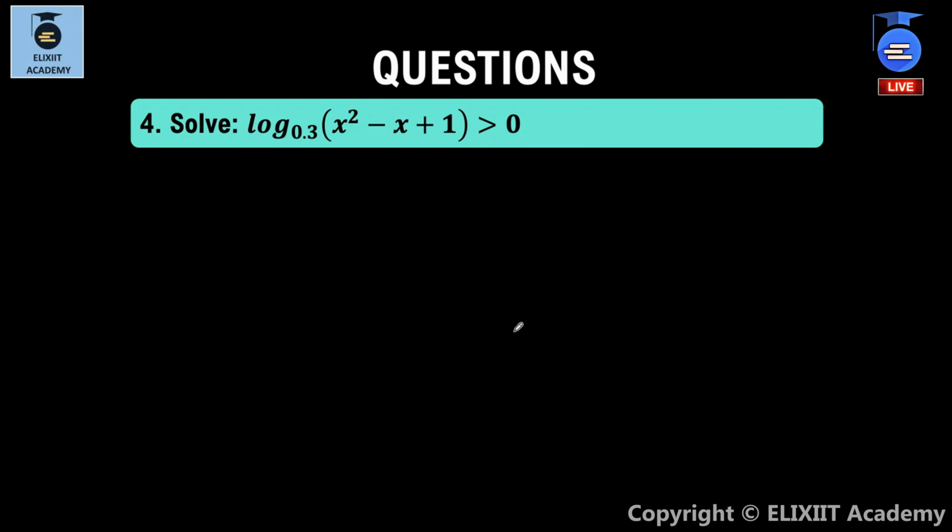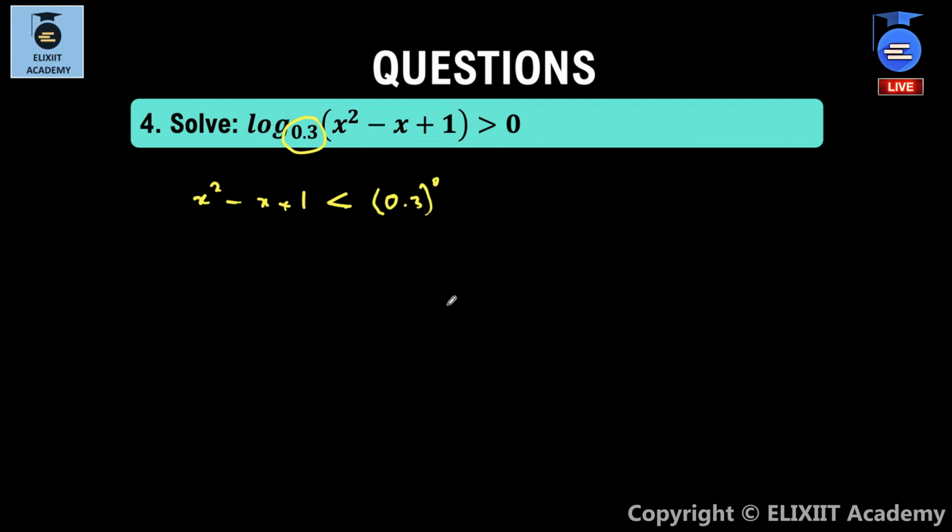Correct. Very good. 0.3 is the base, which means a decreasing graph, so the orientation changes. If you convert this to anti-log, this will become x square minus x plus 1, and the orientation changes: greater than will become less than 0.3 to the power 0, which is 1.